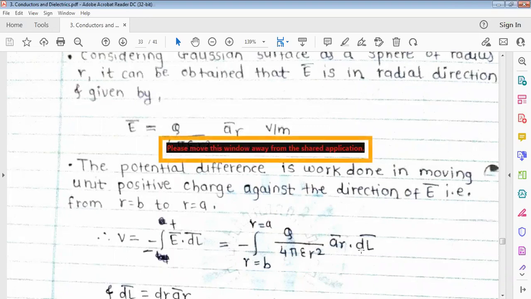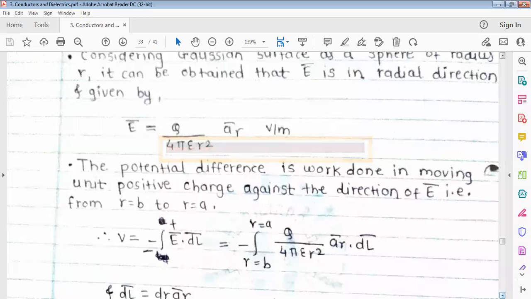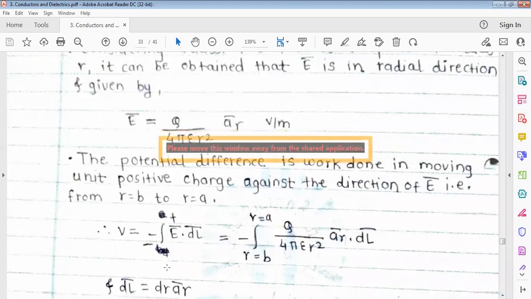Now we have to write equation for this dl bar also, okay. Now this dl bar is equal to, here we are considering a sphere. So can anyone tell me what will be the dl bar, the total dl bar here for the spherical system? Here it is given dl bar is equal to dr into a bar r, but here it is only for this term.